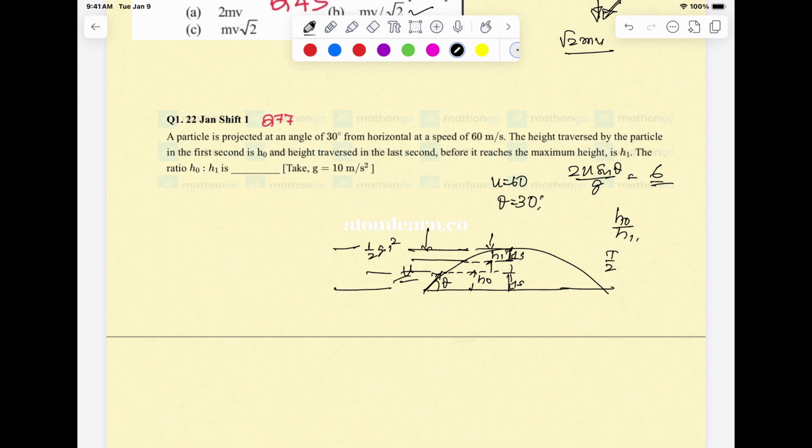This is half g into 3 squared minus... No. Already you know the well-known result, which is if a particle is having constant acceleration, then the ratio of the distance traveled during the first second, the second second, the third second is in the ratio of 1:3:5. Therefore, in this case, this is 1 and this is 5. The ratio is 1:5. Therefore, h0 by h1 is 0.2. Understood?